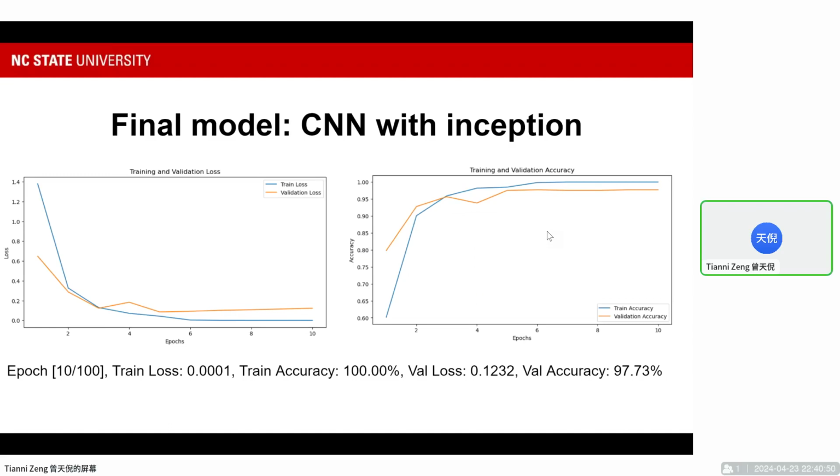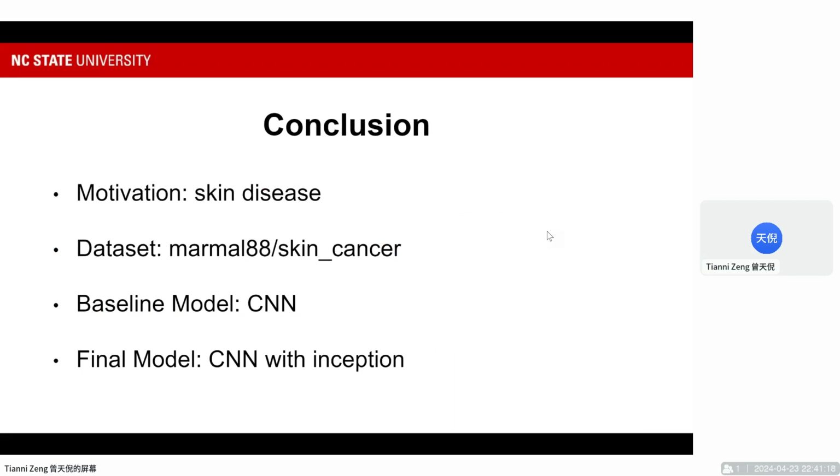So when the training stops, the training accuracy reaches 100% and the validation accuracy reaches over 97%. Compared with the baseline model, whose validation accuracy was around 70%, there is a huge improvement. So let's come to a conclusion.